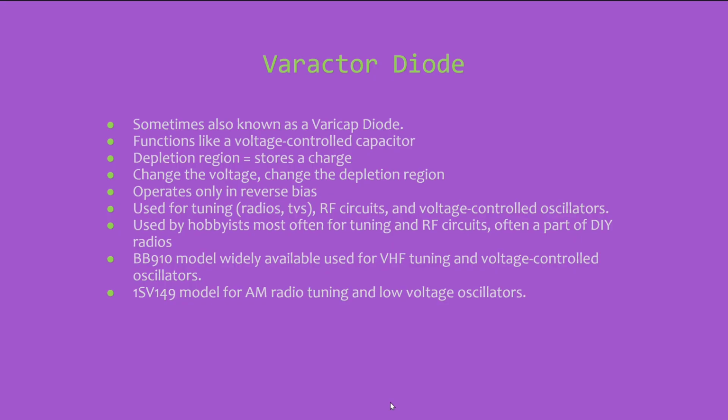These were constantly used in radios and early TVs for channel tuning. Again, you can use them in hobby electronics, usually for tuning, maybe DIY radios. The BB910 model is used for VHF tuning. The 1SV149 is used for AM radio tuning and some low voltage oscillators.